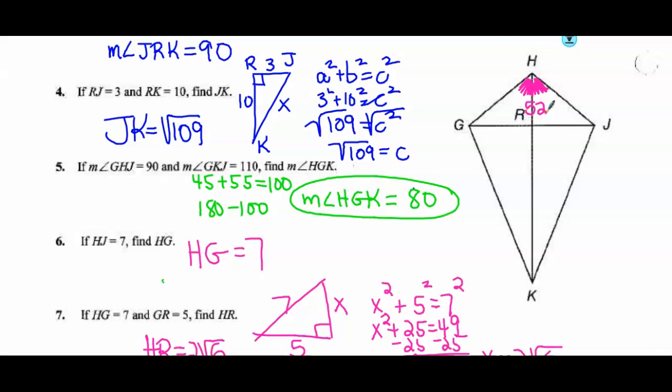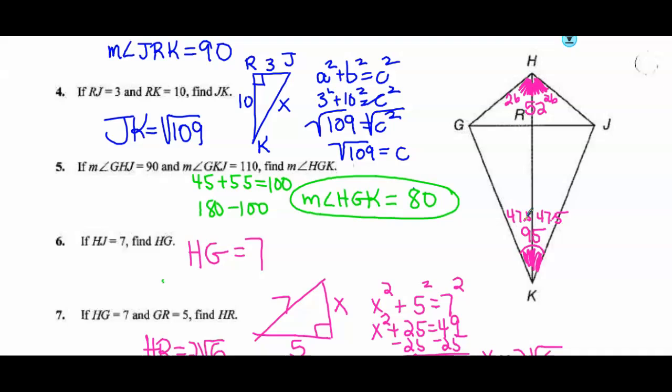But remember, you know that bisects. So this angle over here is 26, and this is 26 if we need it. It says GKJ is 95. So this whole angle down here is 95, which means if we need to split this one up, that's 47.5, 47.5.